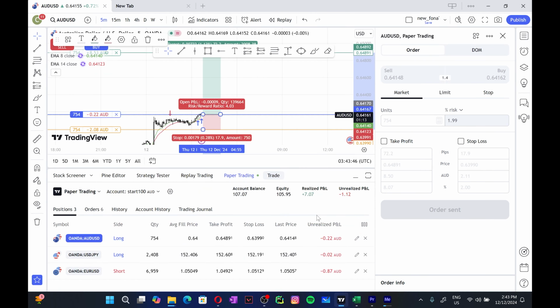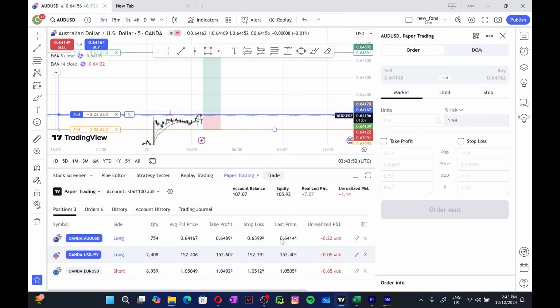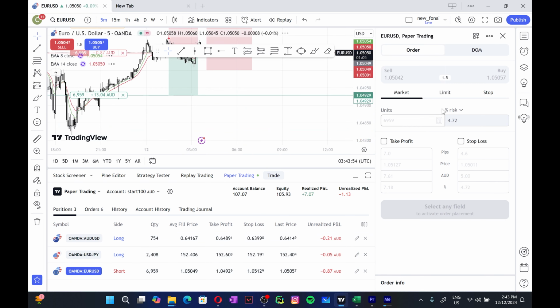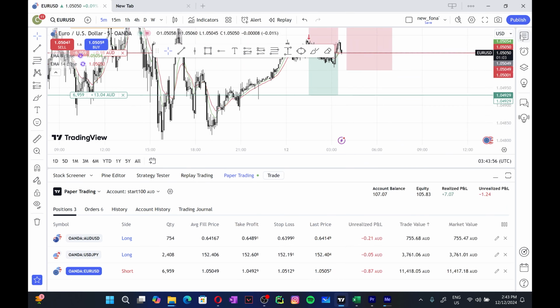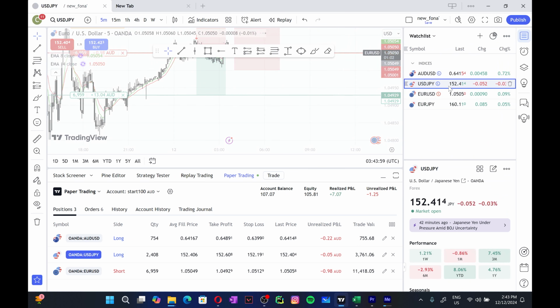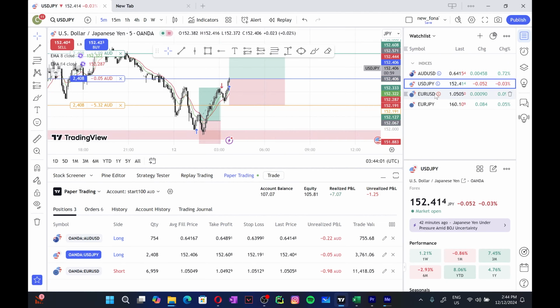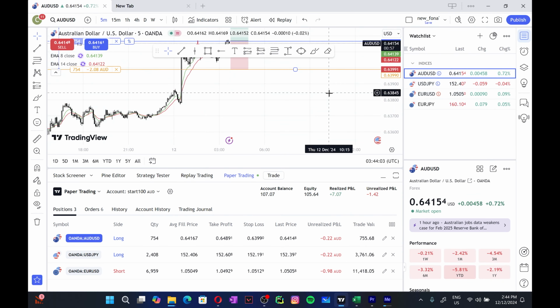If you go to the paper trading panel, you can see that we are in our positions. Well, all of them are kind of confusing. So we've got our AUD USD, which we've just taken the trade at.